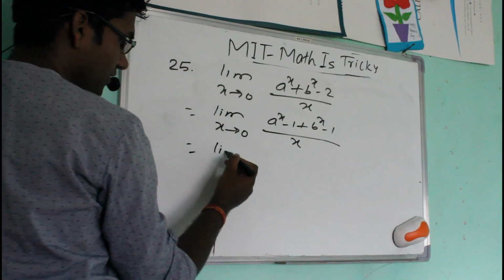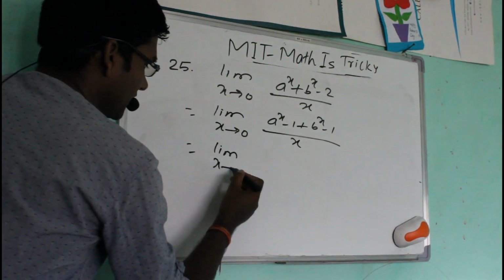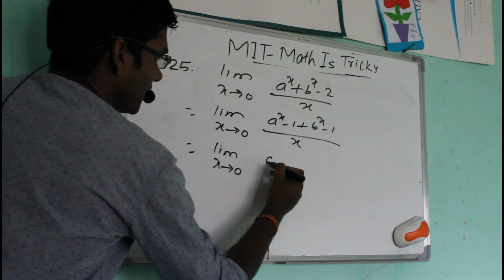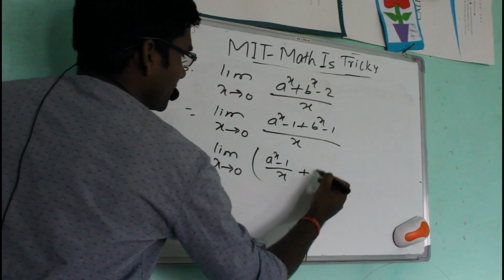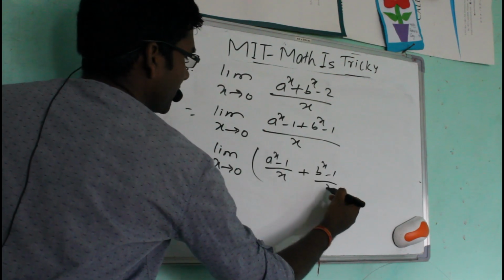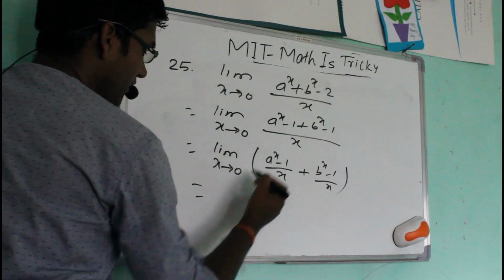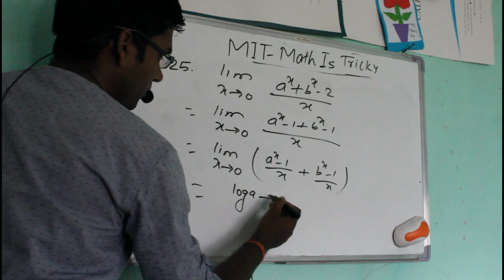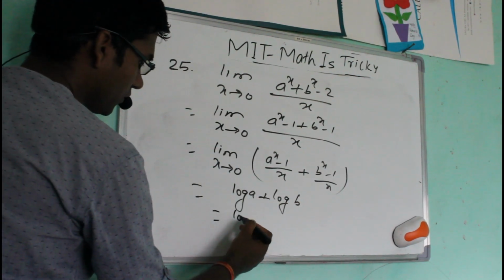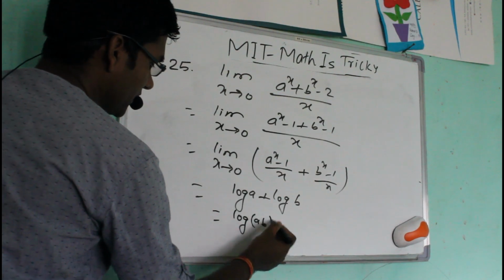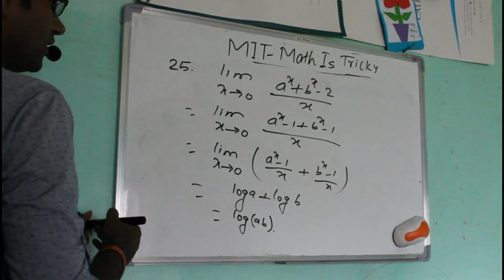If we separate these two, we'll be getting limit x tends to 0, a power x minus 1 by x plus b power x minus 1 by x, and the formula for this is log a plus log b, and then further we can simplify this as log a into b. That's our answer.